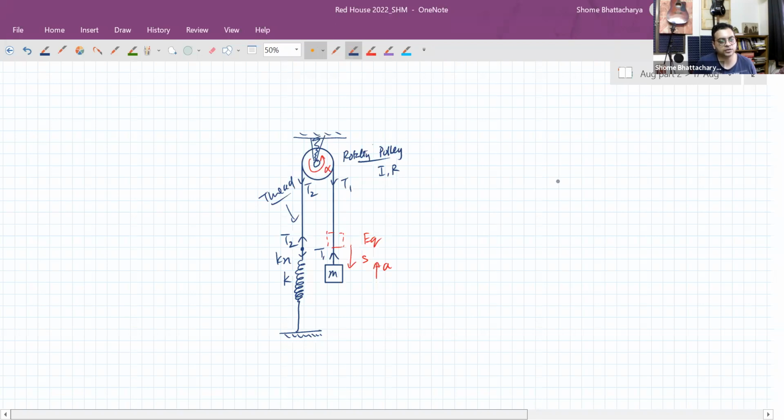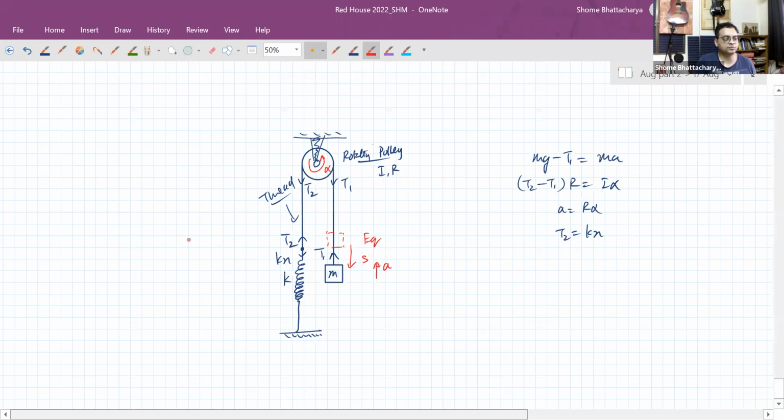So we have mg minus T1 is equal to ma. We have (T2 minus T1) into R is equal to I alpha. We have a is equal to R alpha. And we have T2 is equal to Kx.